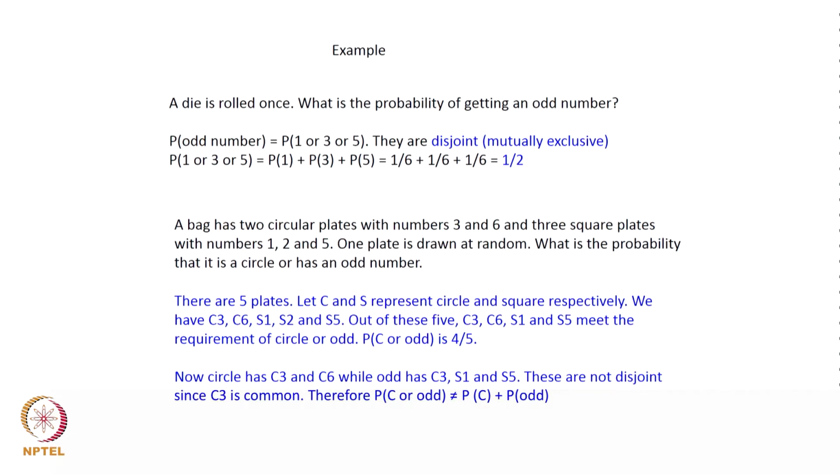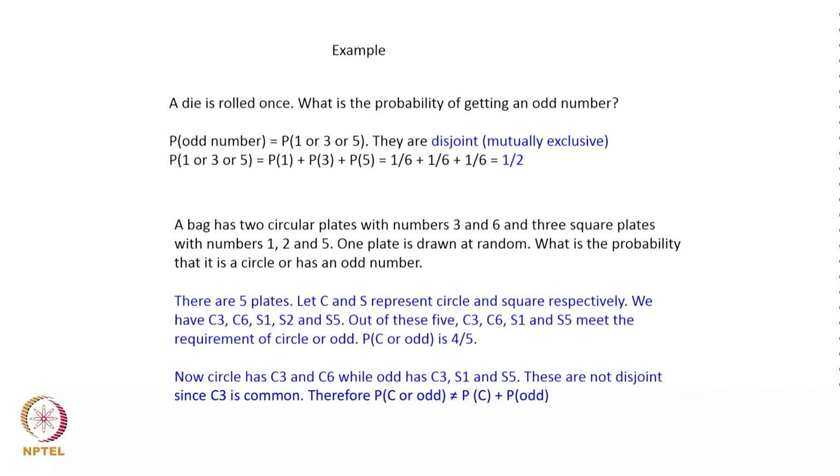Out of these 5, C3, C6, S1 and S5 meet the requirement of a circle or an odd. So, the question is what is the probability that it is a circle or it has an odd number. So, out of these 5, 4 of them meet the requirement. C3, C6, S1 and S5 meet the requirement.